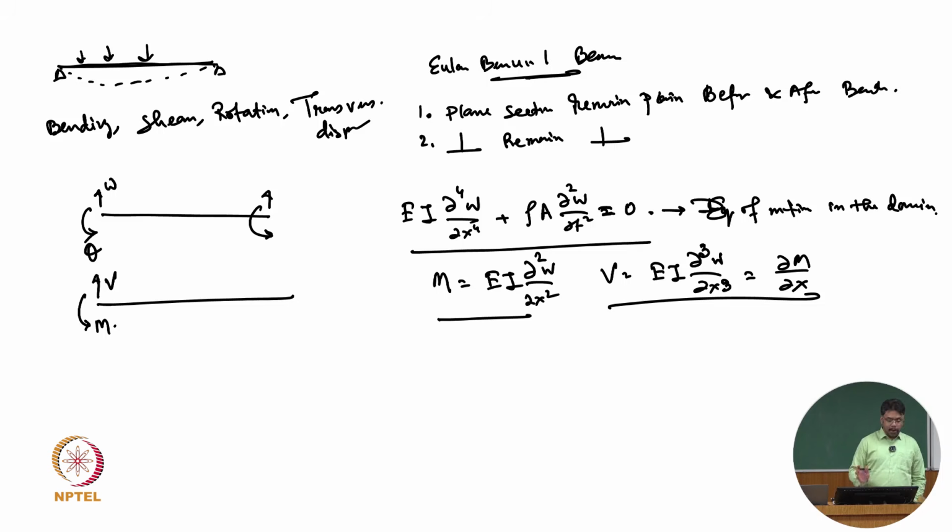Okay, but this is true for a specific sign convention, because here some plus and minus signs can change based on how you are assuming the direction of the forces or the direction of the moment, like the direction of the shear force or the moment.